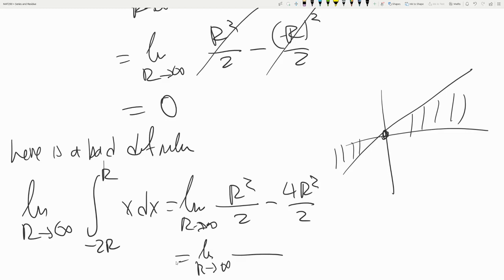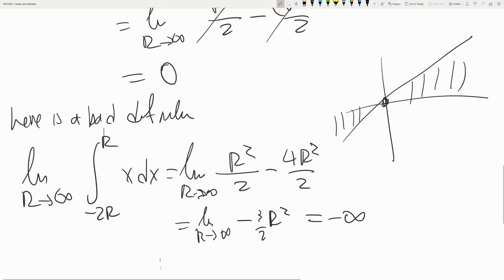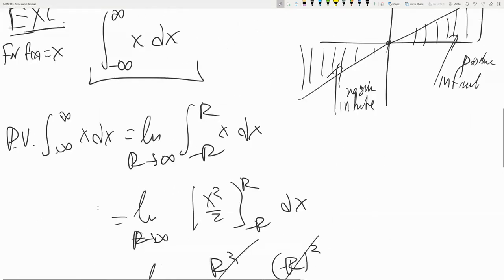So I get minus 2, minus 3 halves. No, sorry, minus a half. No, no, 3 halves. Yeah. So I get this guy, which is minus infinity, and that's not defined. So this principal value is well posed, especially for symmetric functions.